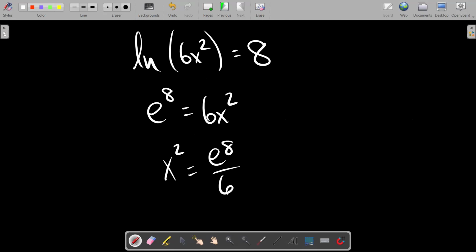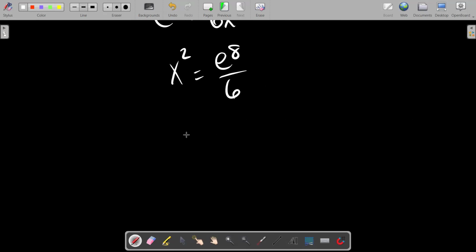What's x? So x is equal, strong equals, horizontal bars, confident equals, positive, negative, root e to the 8th over 6. Now, what is x kind of equal to?